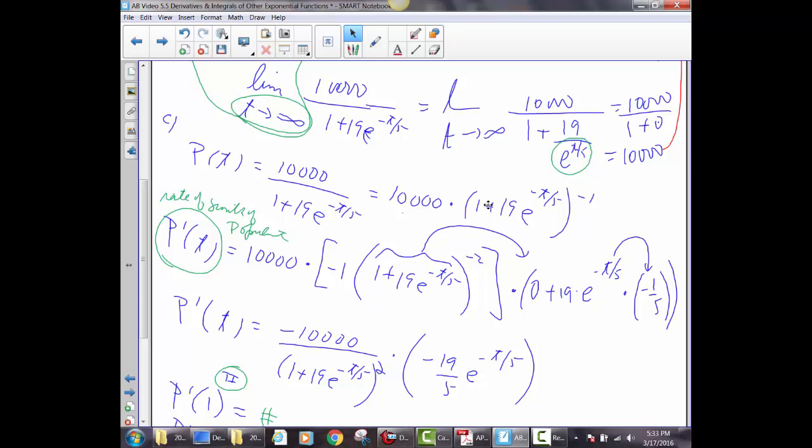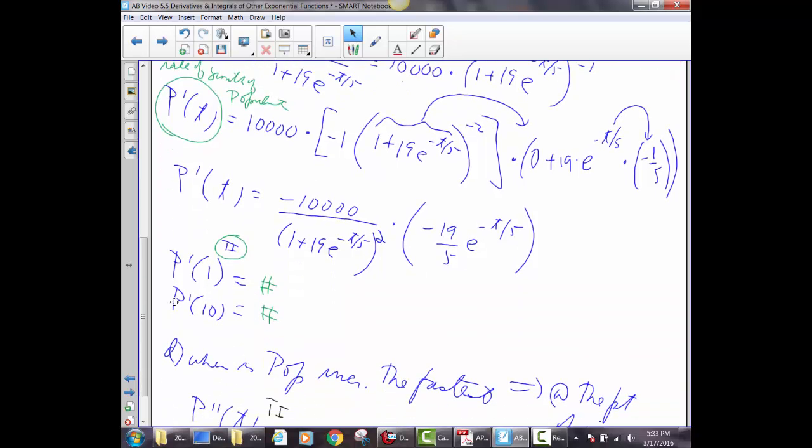And then I have -1 times this expression to the -2 times the derivative of that expression, which is 0 plus 19 times the derivative of e to the u, which is e to the u du dx. And so it turns out that it's this ugly thing right here. And they want to know what is that rate of change at 1 month and at 10 months.